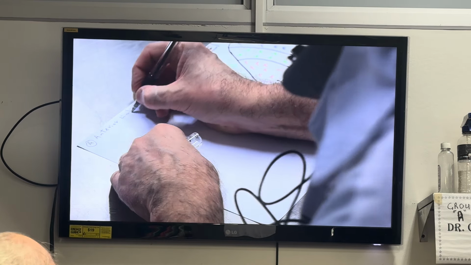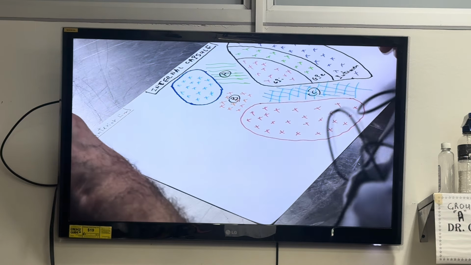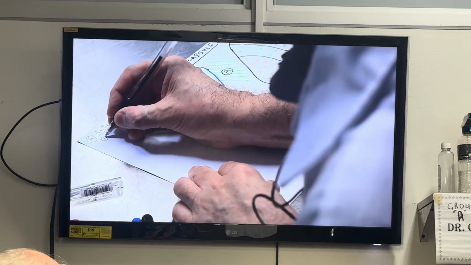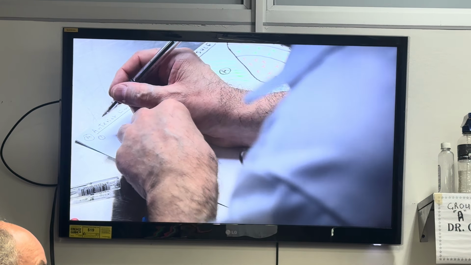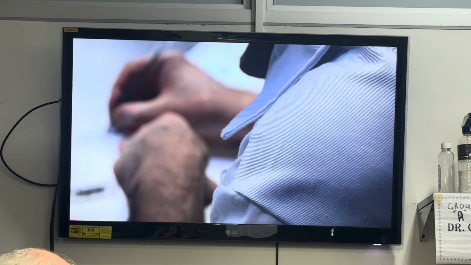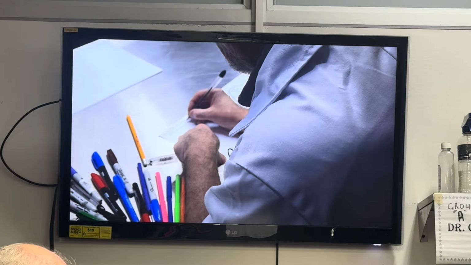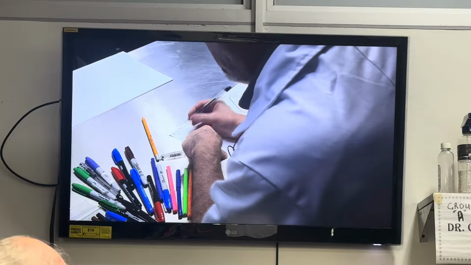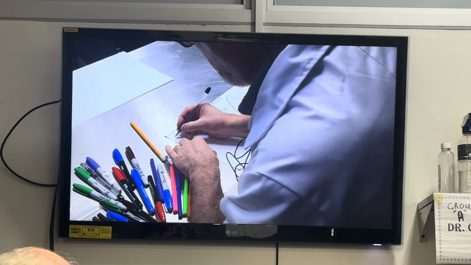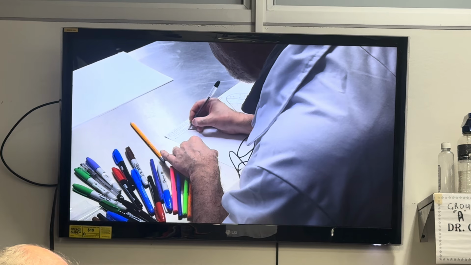Your anterior limb. So what are the fibers that you have in your anterior limb? So let's start with thalamocortical, or they also call it your thalamic radiation.